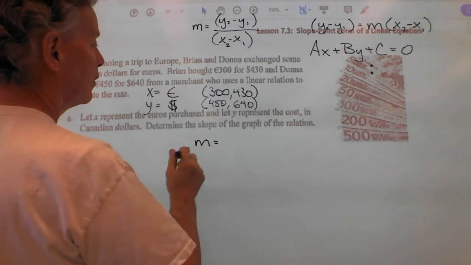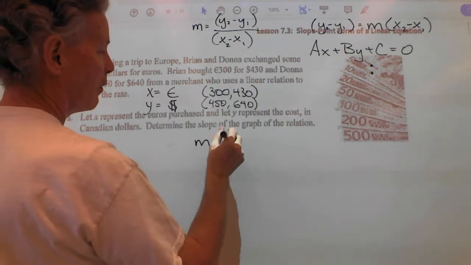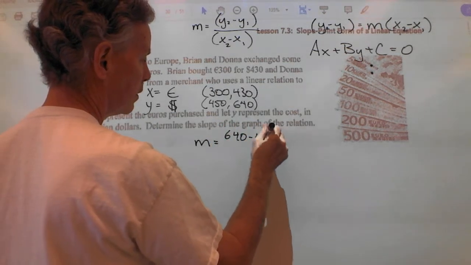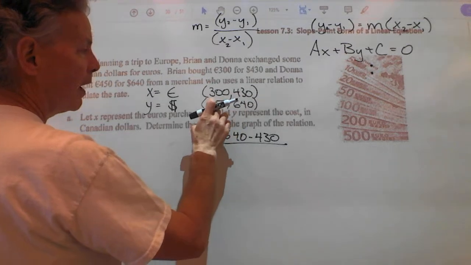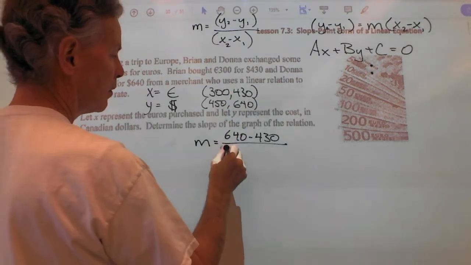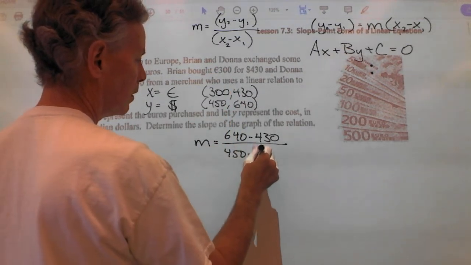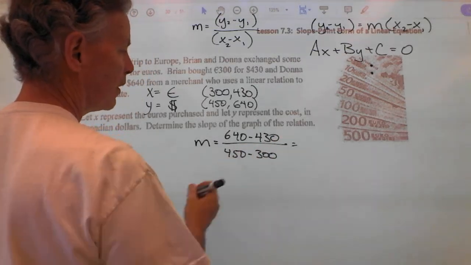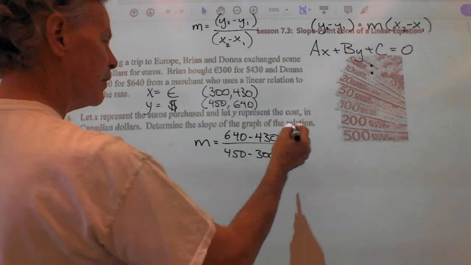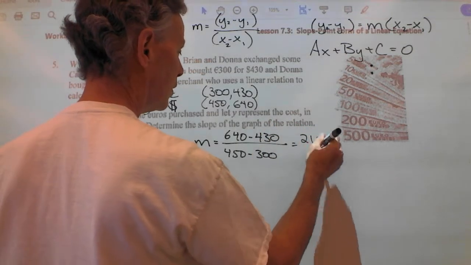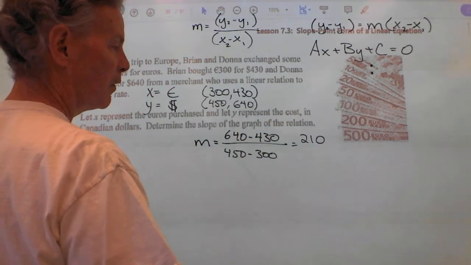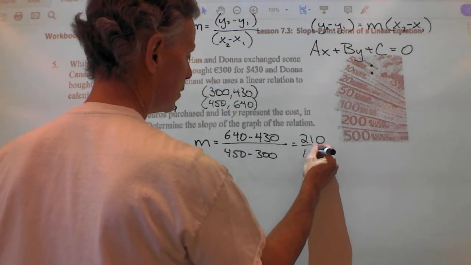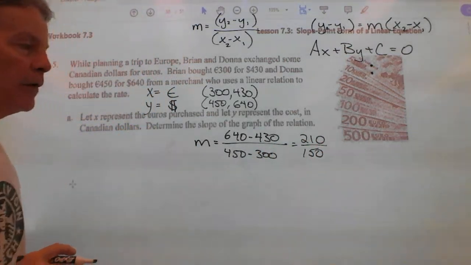So we've got our 2 points, we feed them into our slope formula, and that gives us slope equals y minus y1, 640 minus 430, over x minus x1, 450 minus 300. And that gives us 210 on top, 640 minus 430, and on the bottom, 150.